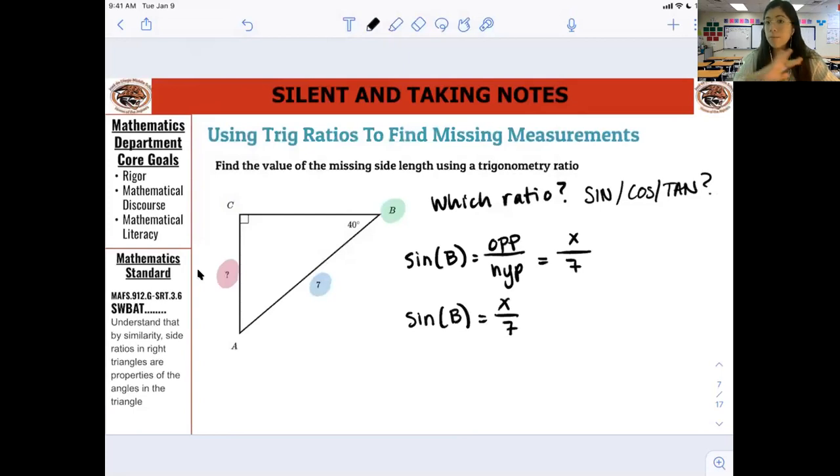Up to there, basic stuff. Haven't done anything crazy yet. Now I'm just going to fill in because I know that B is 40 degrees. So I'm going to fill that in. At this point, it's basic algebra. I am solving for x. That's all I'm doing. To get x by itself, what do I do to both sides?